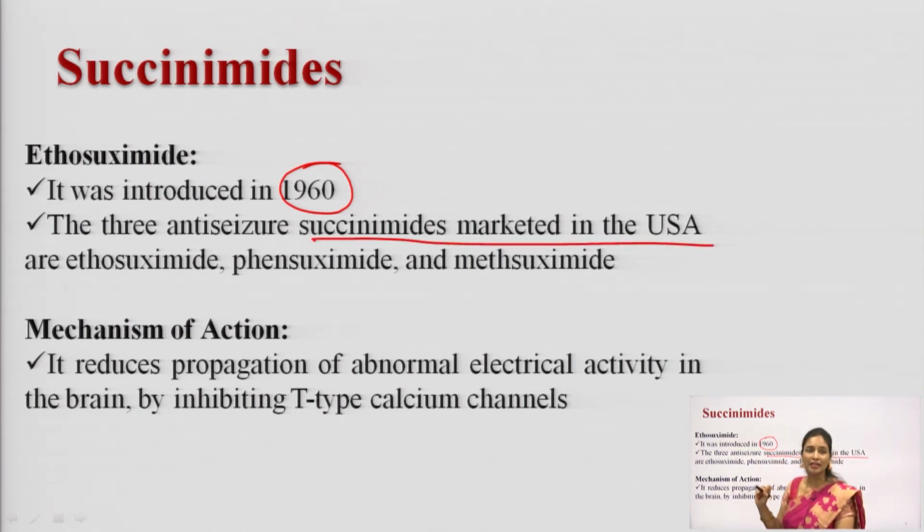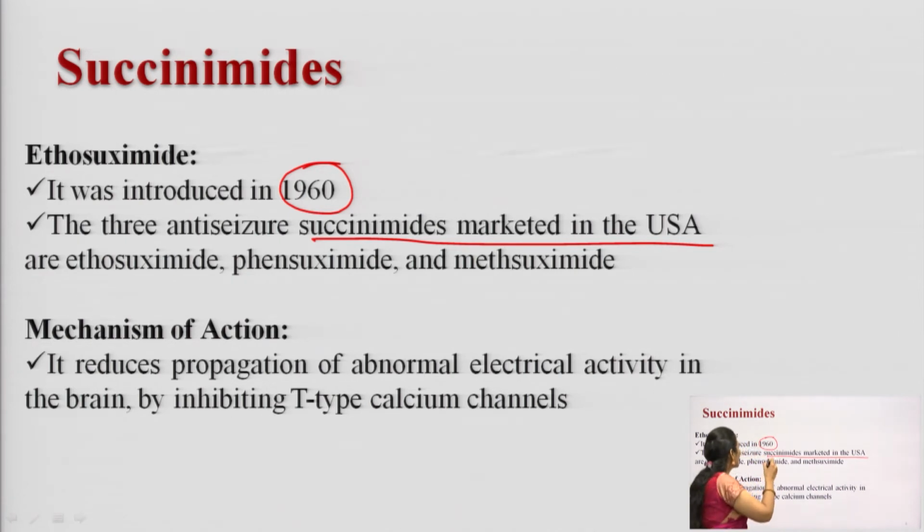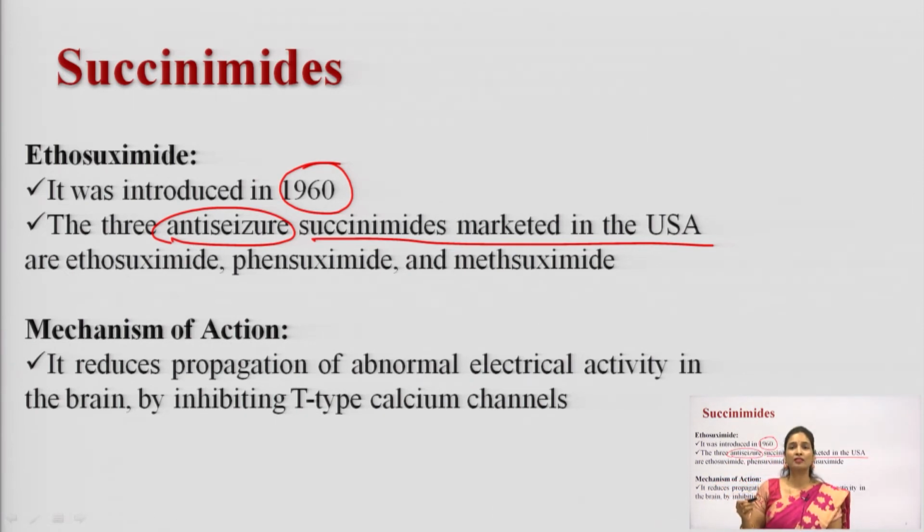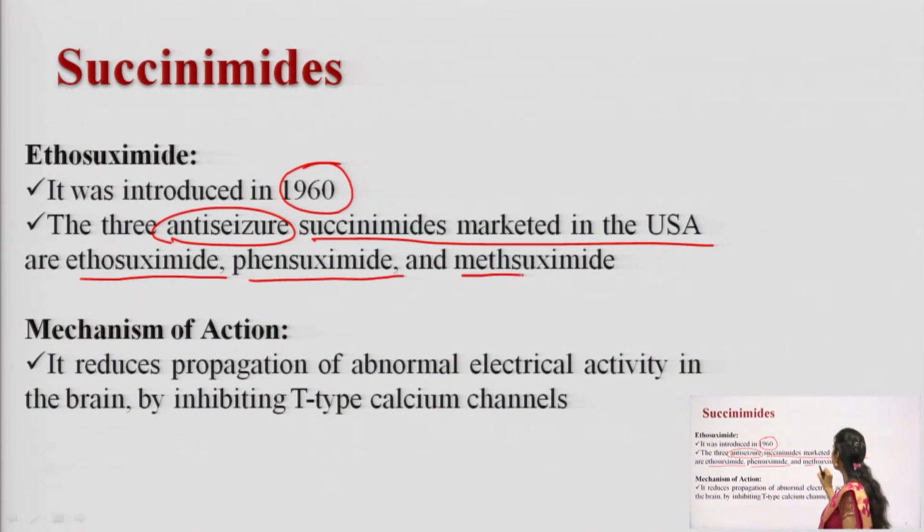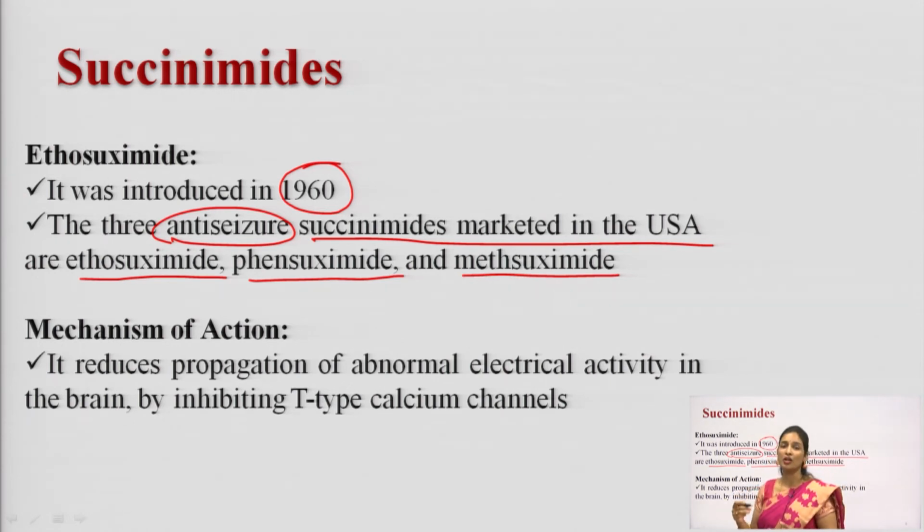What are they? One is ethosuximide, the second is phensuximide, and the third is methsuximide. These are the three succinimide drugs which have been launched as anti-seizure drugs in the USA.